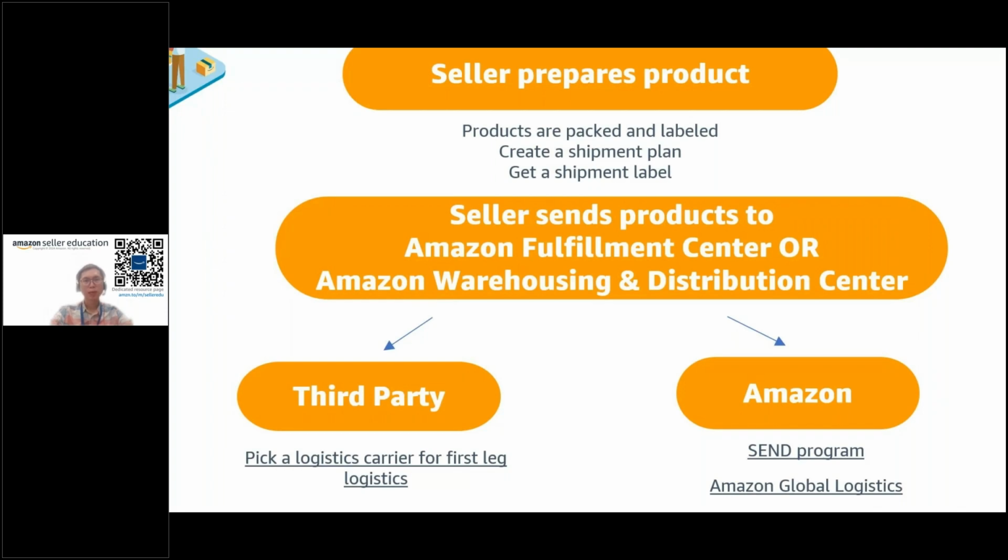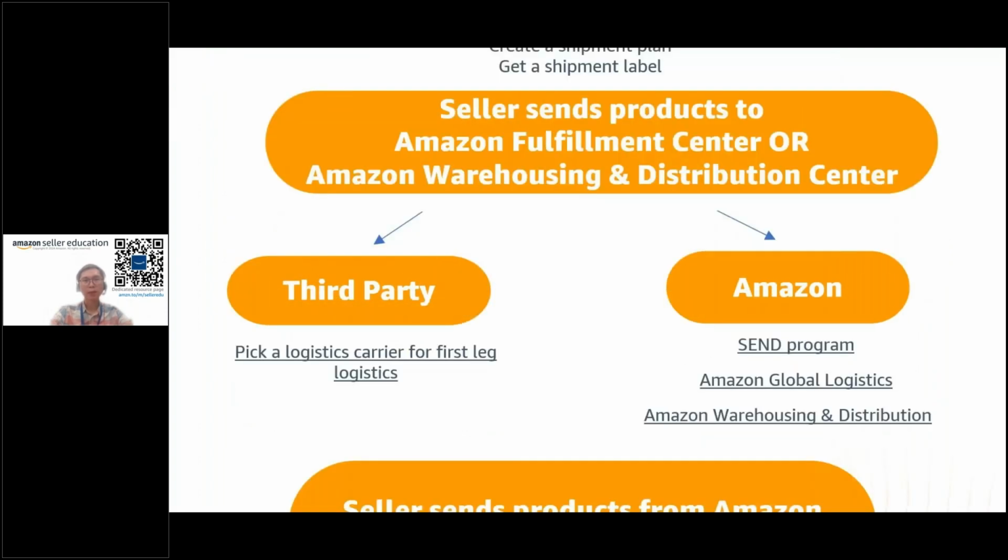Next, you send the product to the fulfillment center, or, something new, we have the AWD, the Amazon Warehousing and Distribution center as well. Or you can use a third-party logistics partner, maybe one you have an existing relationship with or are more familiar with. You can do that. If not, Amazon has a couple of programs that can help you with this.